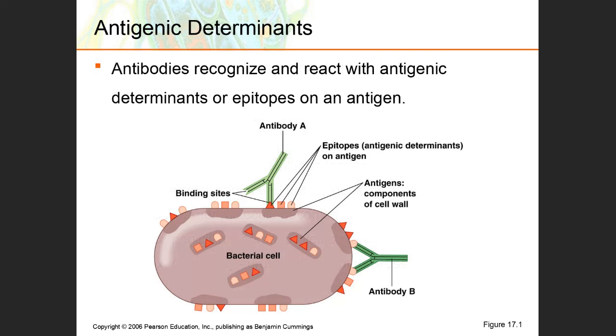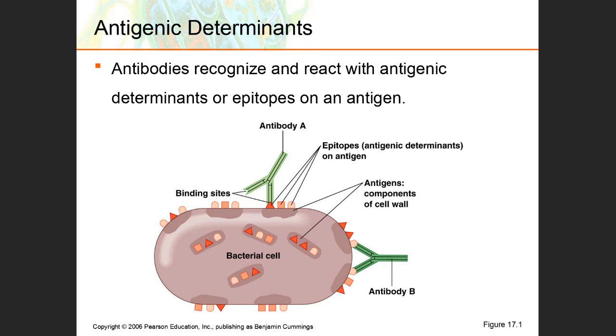So you can think of a bacterial cell, for example, as an antigen, but in fact, its cell surface is covered with proteins and polysaccharides. So there are many antigens associated with that pathogen. If you have a large antigen, there are different parts of that antigen that can be recognized by the immune system.